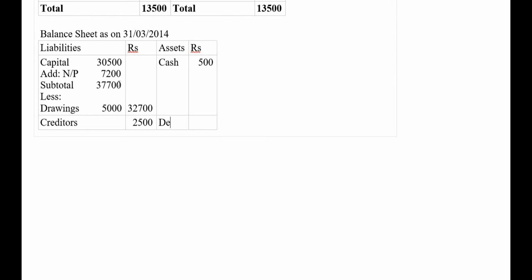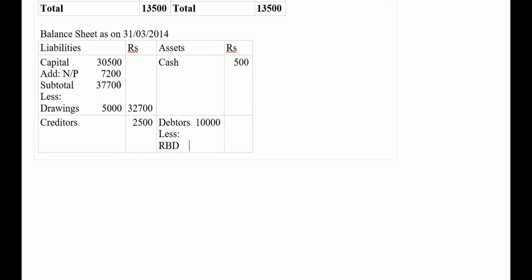Then here it is debtors rupees 10,000, less RDD, less RBD or RDD, that comes to rupees 500. So the difference here it will be 9,500.